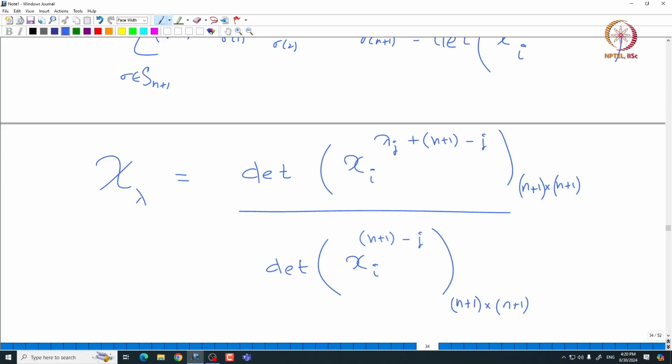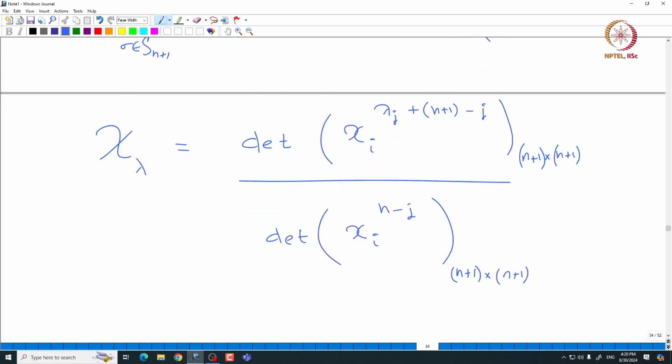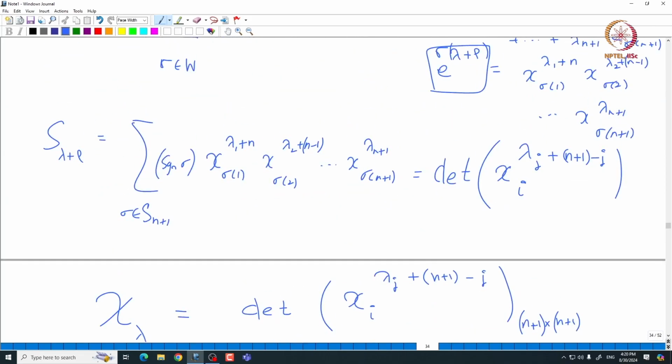So this writes down very explicitly the character in terms of the determinant.